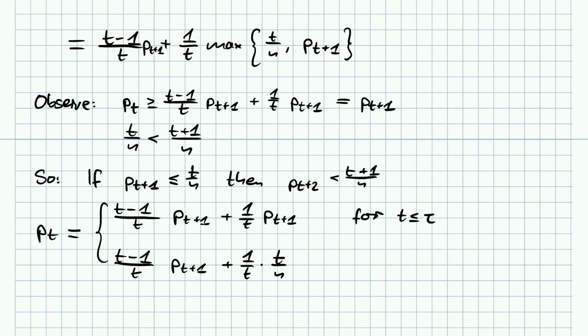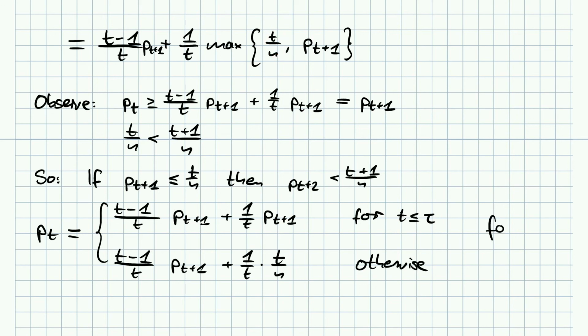Because once we have the maximum, we'll keep having the maximum. So once the maximum turns out to be t over n here and not P_{t+1}, then also in the following step it will turn out that (t plus 1) over n will be bigger than P_{t+2}, and so this is why first in this recursion we'll always use this part, and then in this recursion we'll always use this part. For small t we're using this for the recursion, for large t we're using this for the recursion.